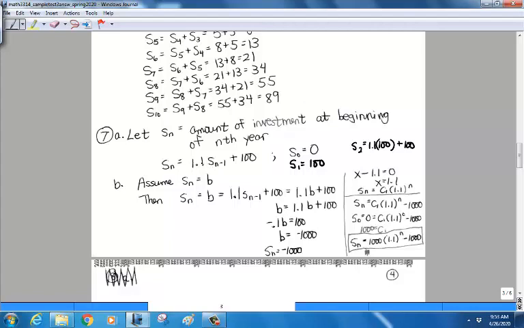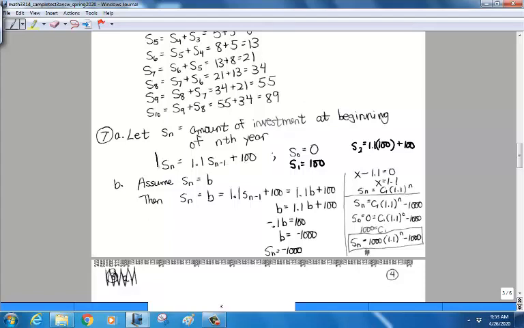That's what you earn in interest from the prior amount, and then add in the $100 that you're investing at the beginning of the year. Same logic that we used to compute S sub 2, just applied to the nth year in general. So at the beginning of the nth year, you pay interest on the prior amount, plus your $100 extra that you're investing.